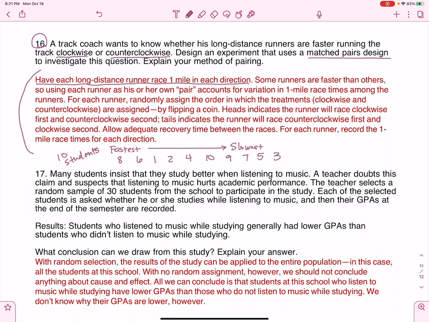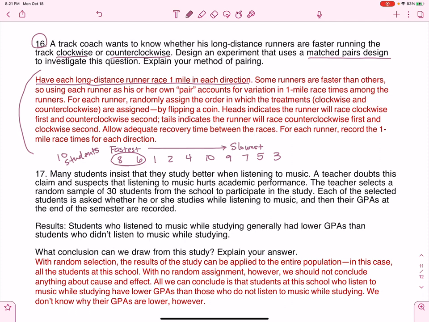Now, did I account for all 10 of them? 1, 2, 3, 4, 5, 6, 7, 8, 9, 10. Okay, I'm a machine. All right, so my fastest runner is runner 8. My next fastest runner is number 6. So I'm going to take these two guys here because I'm assuming their times are pretty close together.